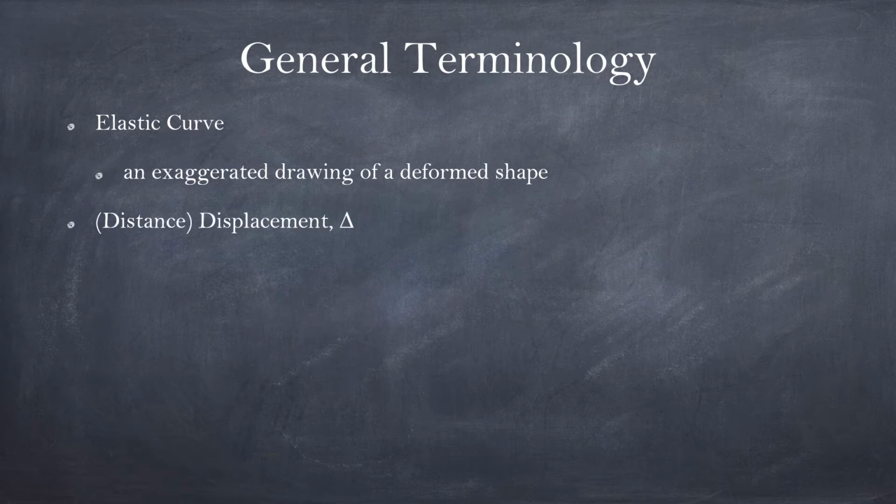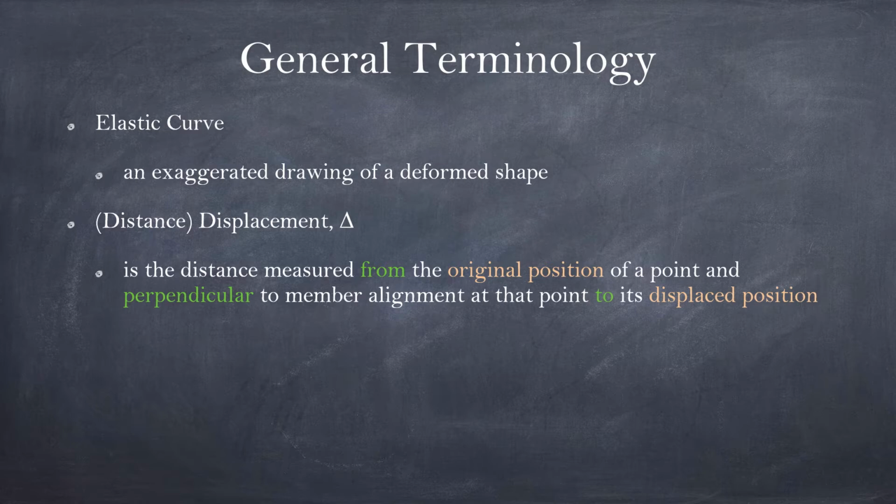Now, what about displacement? When we talk about displacement, we actually talk about a distance displacement, meaning as a line, and the symbol we use is the capital delta. The way we measure is from the original position of a point of the structure, and it has to be measured 90 degrees to the member alignment at that point, to its displaced position.